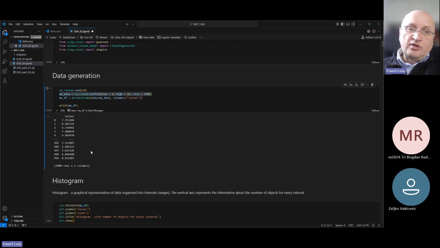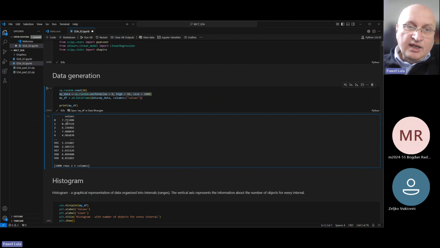Also, it is possible to say something, and we will try to do it in some minutes, about probabilities of occurrences, probabilities of appearing for every value. For example, we can define the probability of obtaining these values which we have here.